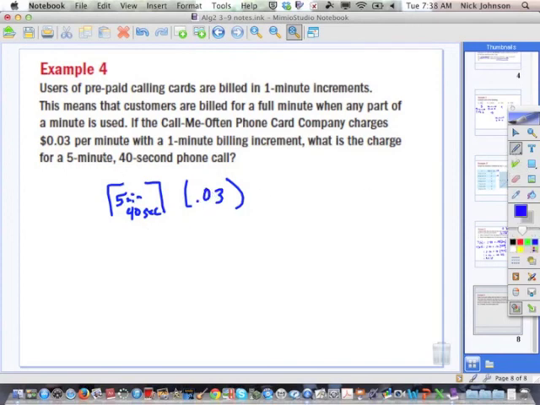So my ceiling function takes 5 minutes, 40 seconds to 6 minutes. It's not taking us down to 5 minutes, it's taking us up to 6 minutes. So 6 minutes times 0.03 is 18 cents. So for that 6-minute phone call, it's going to cost us 18 cents.